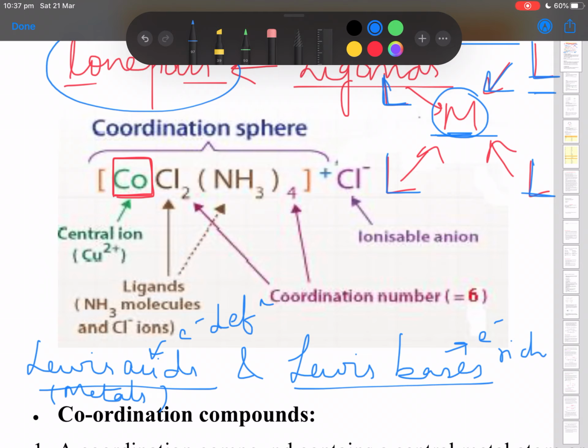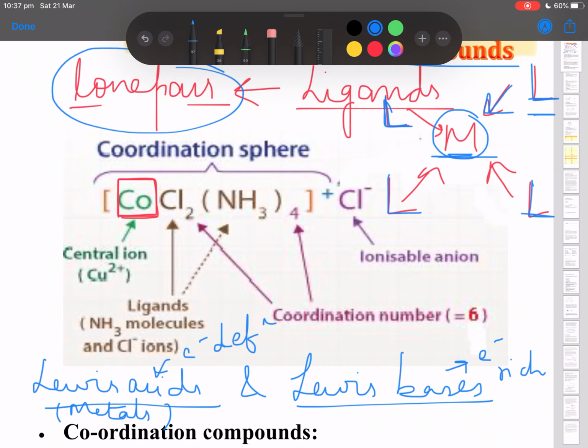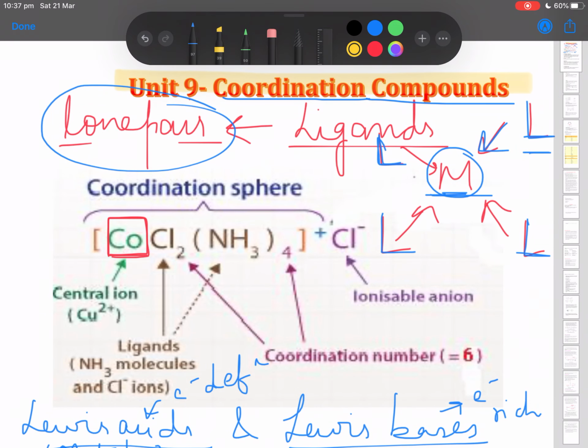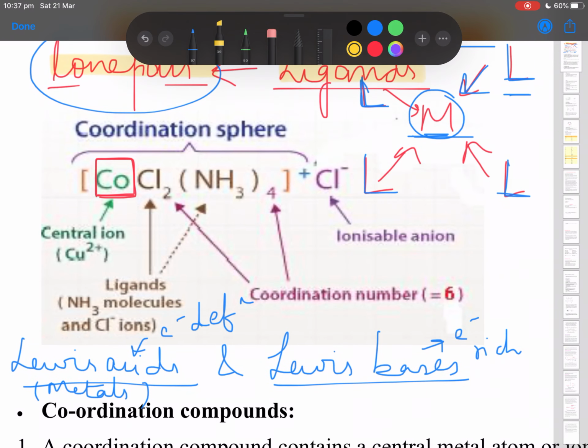Remember this point. Just now I spoke about that ligands are rich in lone pair. That means they have an ability to donate those electrons. Since they're electron rich species, it's very important to understand that Lewis bases are your ligands.